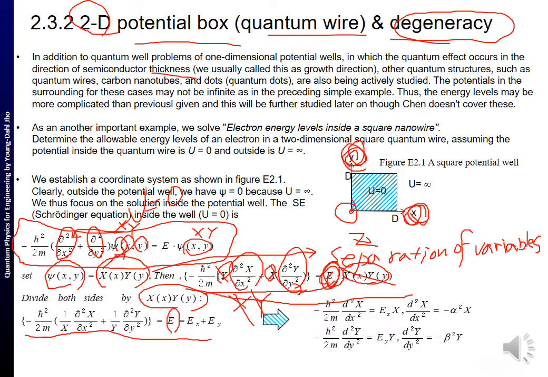Energy is replaced by EX plus EY, because this one is a pure function of X and this one is a pure function of Y, so this one is set to be EX, and this one is set to be EY.